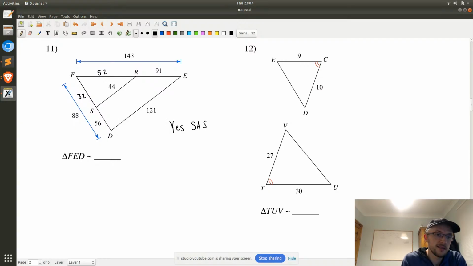In fact, we have 4 times 11. Wait. No. That's absolutely fine. 4 and 7, of course, make 11, so that's absolutely fine. So what is the scaling factor? Divide the former by 4 and then times it by 11. And thus we say triangle FED is congruent to triangle FRS. Is similar. Read the symbol.